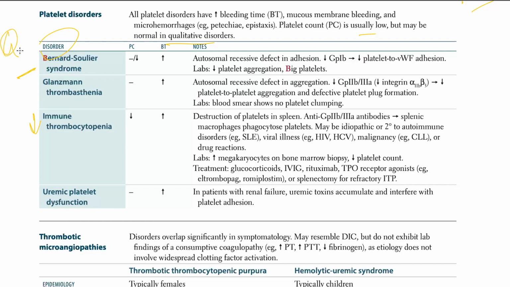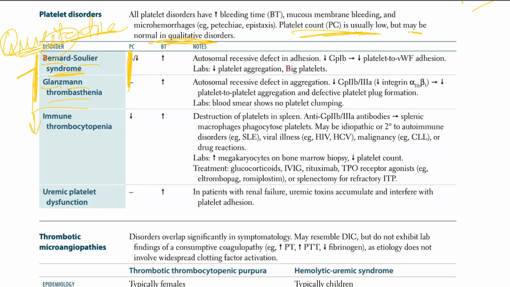The qualitative disorders are these two, so let's talk about these two first. One is Bernard-Soulier syndrome, and the other one is Glanzmann's thrombasthenia. In both of them, as they mentioned, platelet count is usually low but may be normal in qualitative disorders. So it could be low, but it's more likely normal.